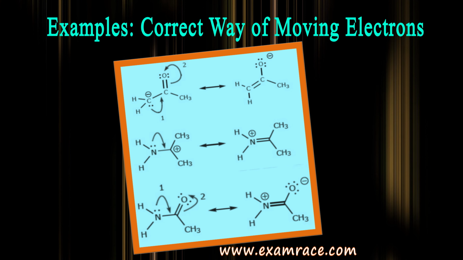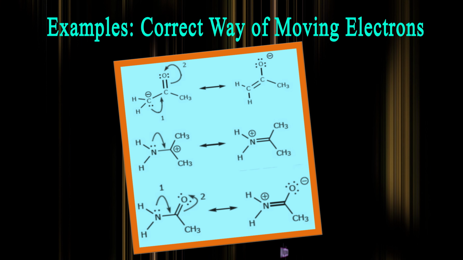In the third figure, again, the lone pair from nitrogen will make a bond between carbon and nitrogen, and the bond between carbon and oxygen will break and oxygen will get a negative charge.